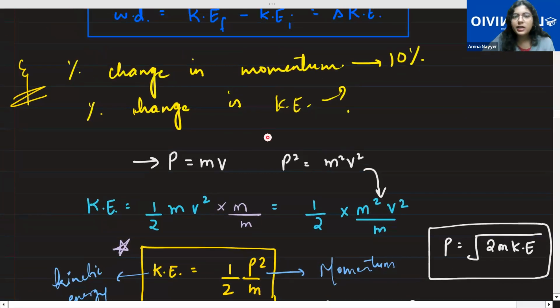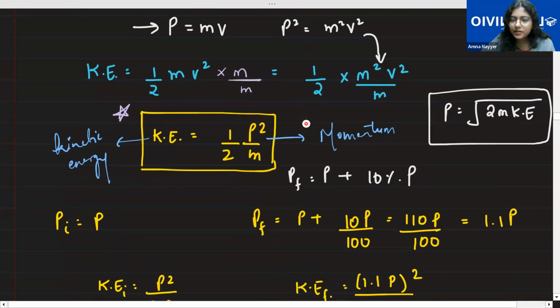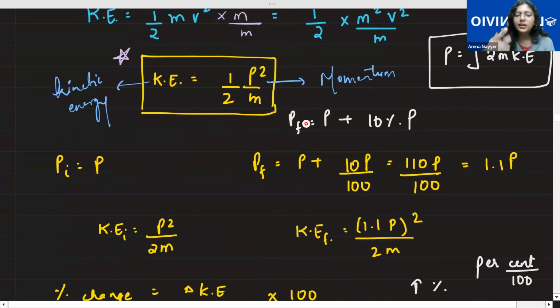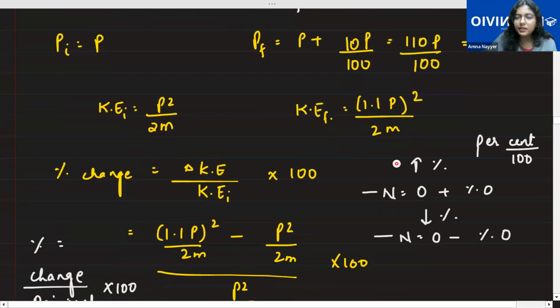Now the question was: the percentage change in momentum is given as 10%. Find the percentage change in kinetic energy. So this is a basic percent question, just in case you've forgotten, because in your batch, your classmates had a lot of difficulty with this percentage. See, whenever you calculate percentage, remember this.